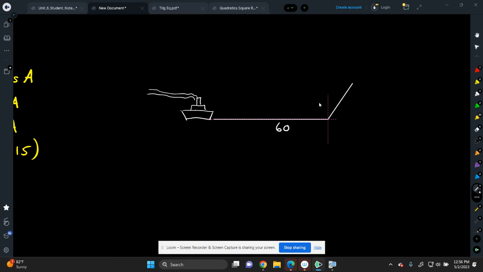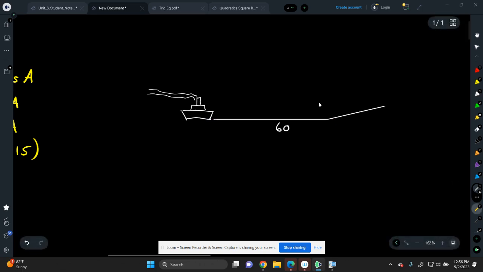Oh, wait a minute. If it's traveling east and then it adjusts northward, it's actually going up like this. So it's traveling east and then it turns north. So it's going this way now. That means that the 15-degree angle is right here.